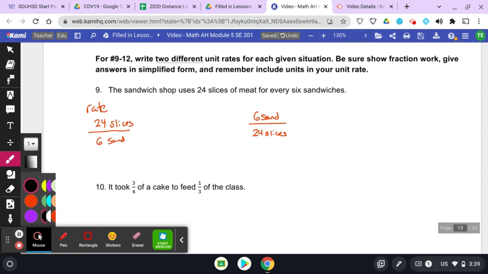And I want to change it to how many slices in a sandwich. So 24 divided by 6, there are 4 slices in a sandwich. Or if I think about it the other way, if I only have 1 slice, I can only fill up 1/4 of a sandwich.